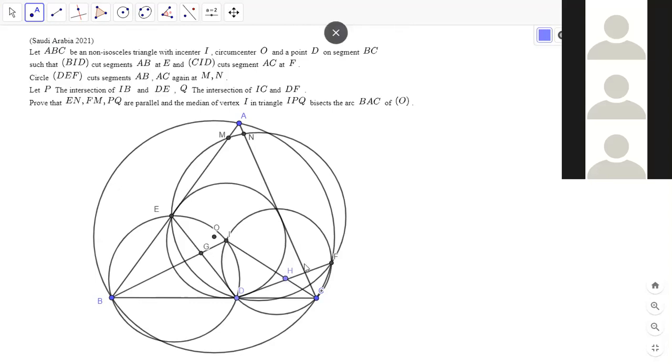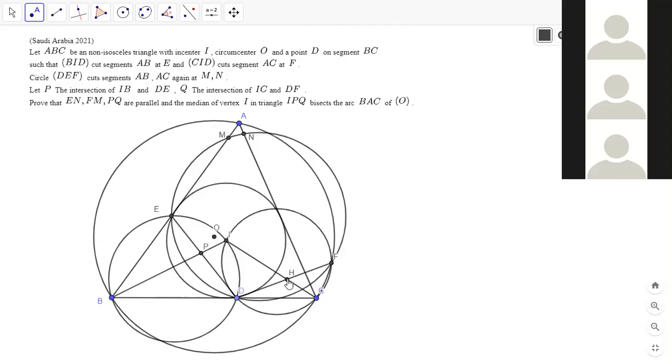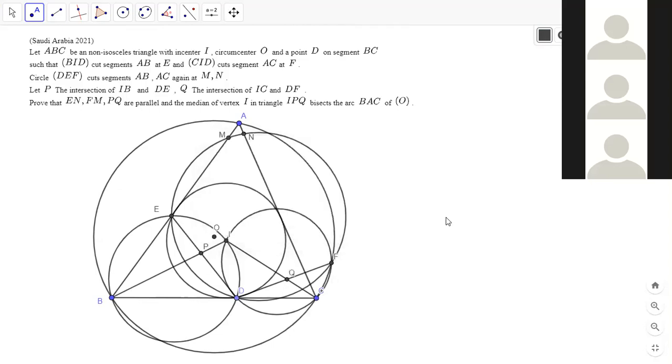Okay. Let's see. So this is P and this is Q. I think that you mislabeled point F, because F is the intersection of CID and segment AC. Yeah, you're right.